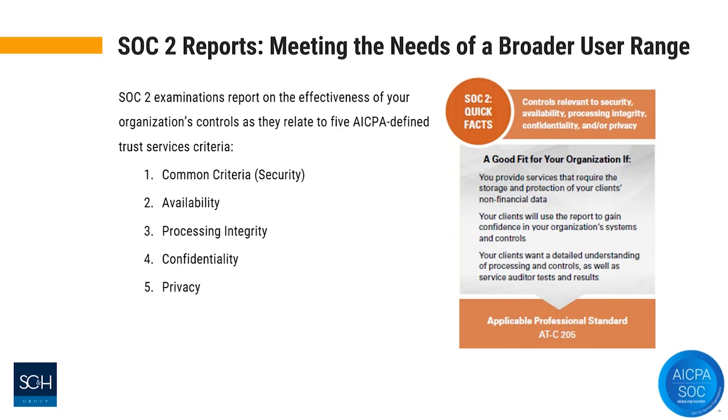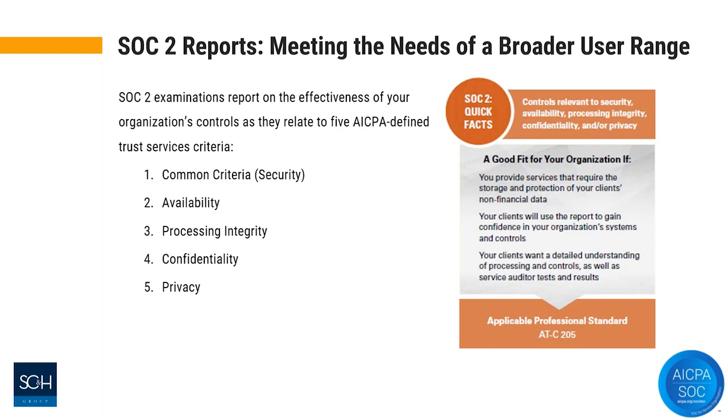Thanks, Paul. As Paul mentioned earlier, one of the most important designations when talking about the difference between a SOC 1 and a SOC 2 is that specificity to customer data. SOC 2 focuses on third-party vendors who either store or process customer data.